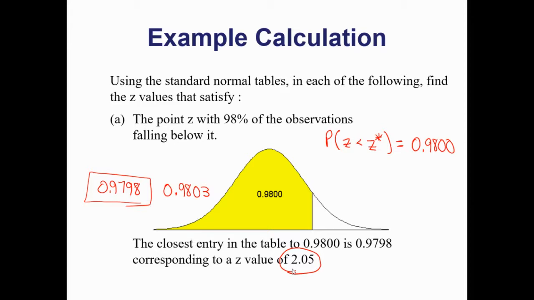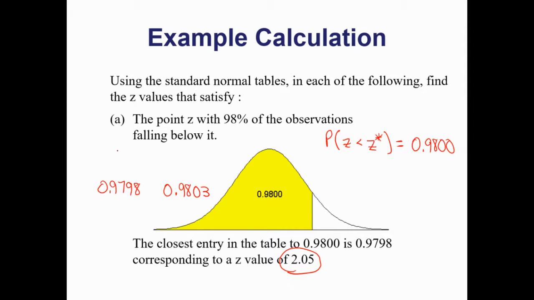Questions on this one? 0.9798, that's what you get from doing the inside out thing, right? Okay. Well, that's not our answer. Our answer is 2.05.